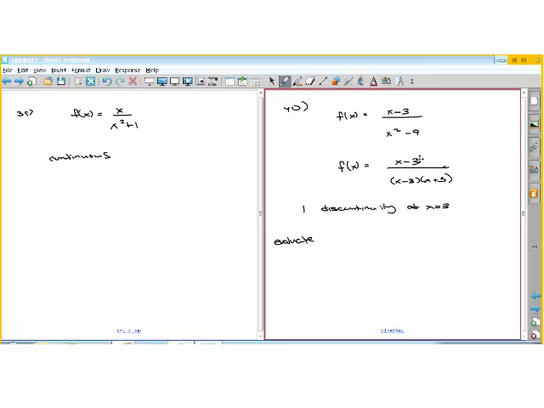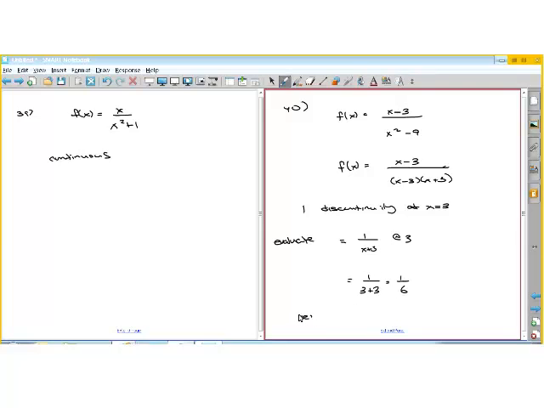Because it's a discontinuity not due to going to infinity, but because we get an indeterminate result, we're going to evaluate the reduced form. We cancel out the common factor, and we evaluate that at the x value of the discontinuity. So that'll give you 1 over 3 plus 3. The x is 3, 3 is a constant, so you get 1/6.